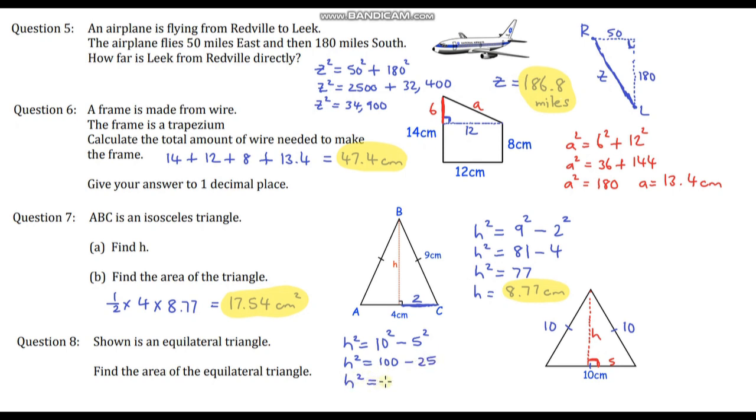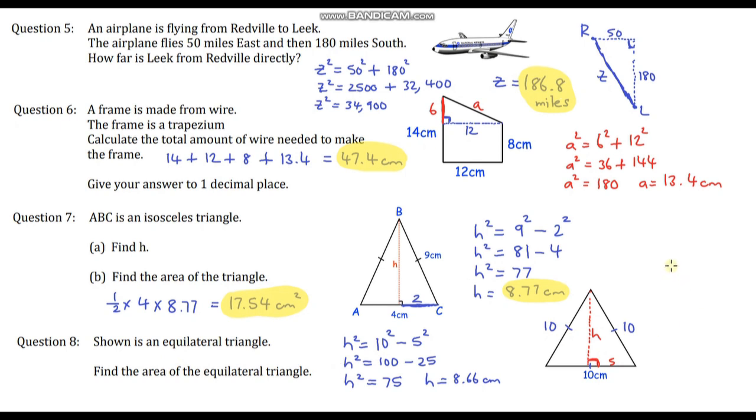So h squared is going to be equal to 75. Therefore, h is the square root of 75. And it should be similar to the one before, because that was the square root of 77, so it should be slightly less. And it is 8.66 centimetres. So now we've got the height, we can calculate the area.